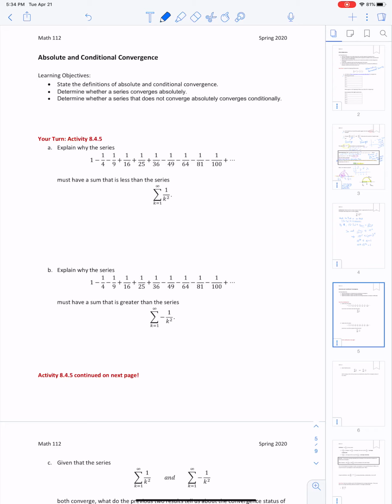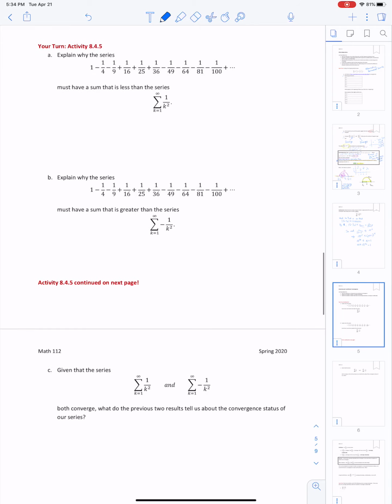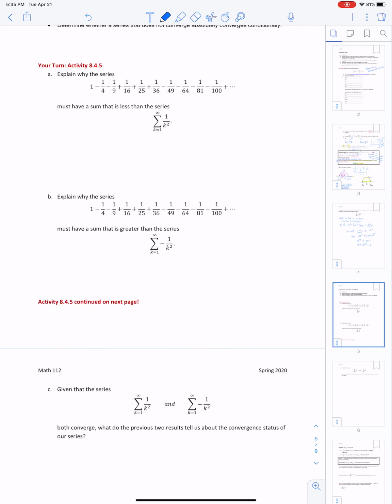But the discussion coming up in your book, activity 8.4.5, deals with series more generally, so the signs don't have to strictly go back and forth. The series do not necessarily have all positive terms. So we'll stop this portion of the video right now, and I'd like to give you time to work through 8.4.5, and then we'll tie it all together and discuss the ideas of absolute and conditional convergence when we return.